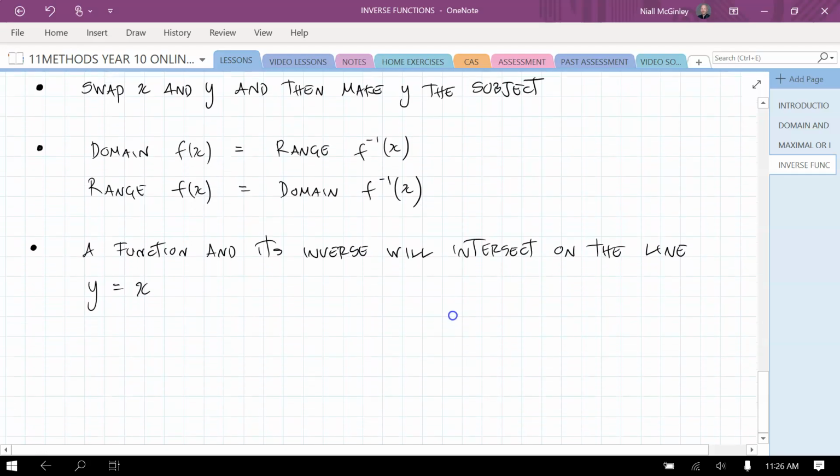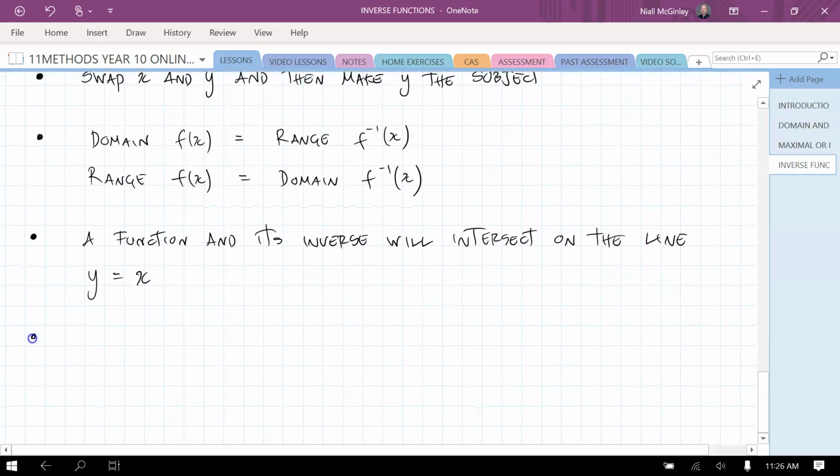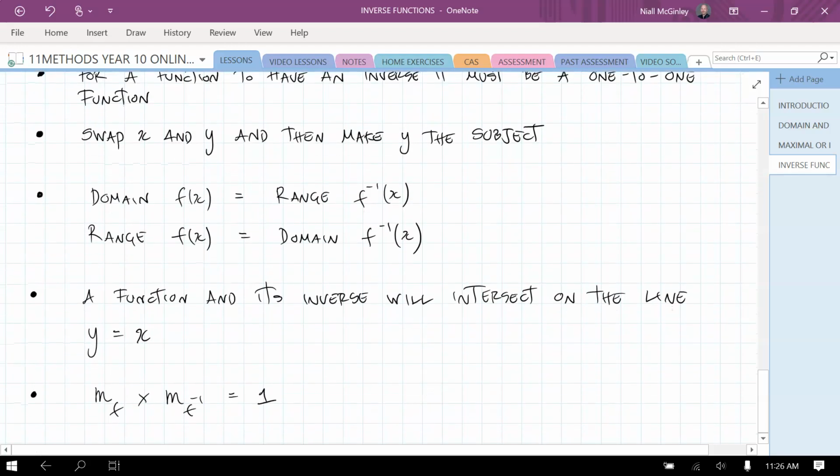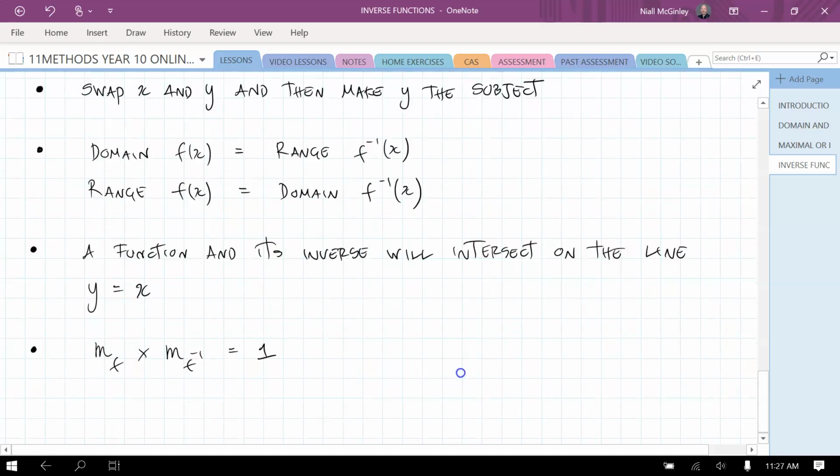Again, what we looked at before, which we won't go into too much this year, is that the gradient of f times the gradient of the inverse is always going to equal plus 1, which we saw when we did the linear functions earlier.